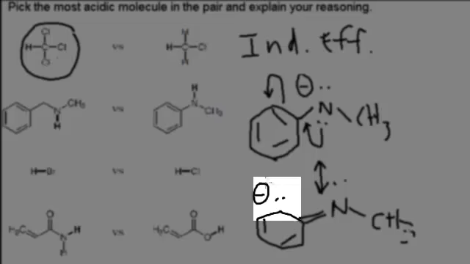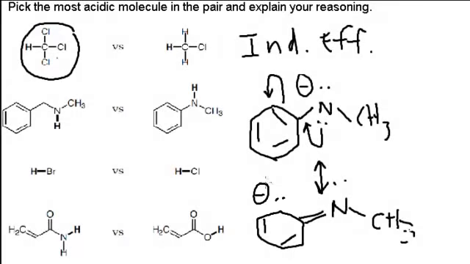Of these two resonance forms, the top resonance form is definitely a better description of the molecule, because we know we'd rather have a negative charge on a nitrogen than a carbon. But still, being able to show this distribution or delocalization of electrons means that negative charge on that nitrogen is much more stable than the nitrogen on the leftmost structure, if it had a negative charge. So for these reasons, the rightmost structure would be more acidic.